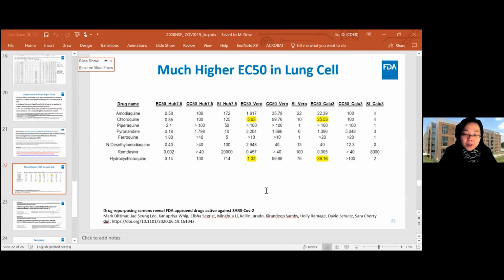When this group compared EC50 values estimated from the Vero cell line and other cell lines such as the Calu-3 cell line, a human lung cancer cell line, they found that the EC50 for the Calu-3 cell line for both chloroquine and hydroxychloroquine are much higher, as highlighted in this slide. For hydroxychloroquine, it increased by 30-fold, and for chloroquine, it increased by 5-fold. The hypothesis is related to the different expression level of TMPRSS2 in different cell lines.